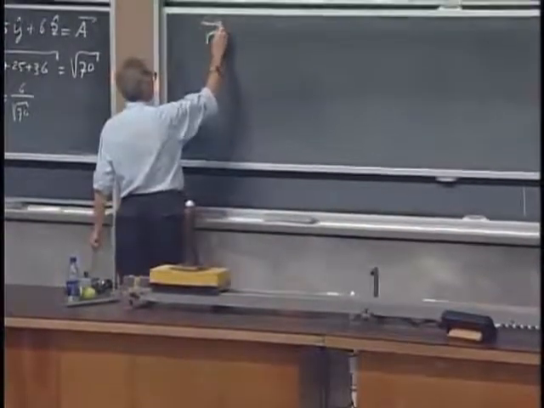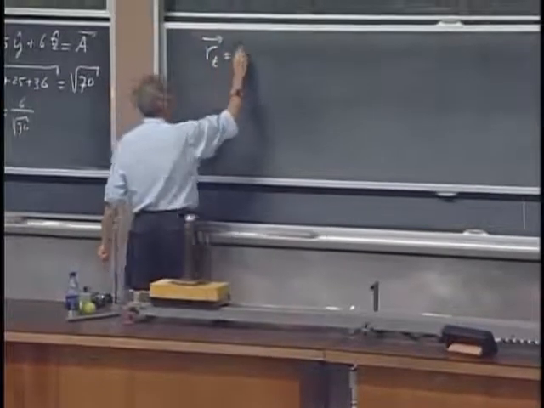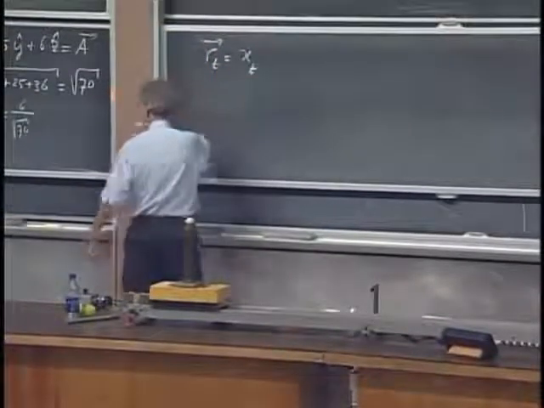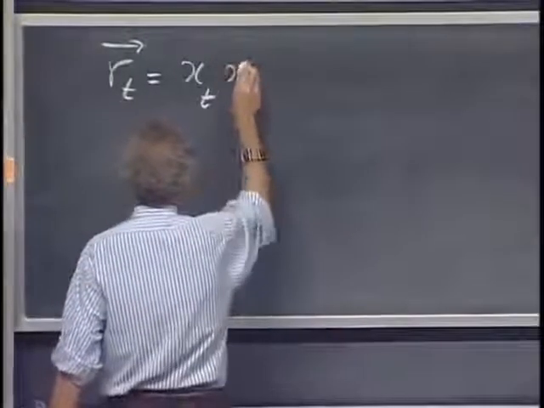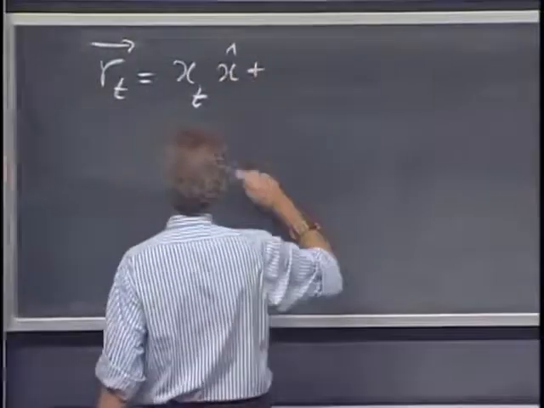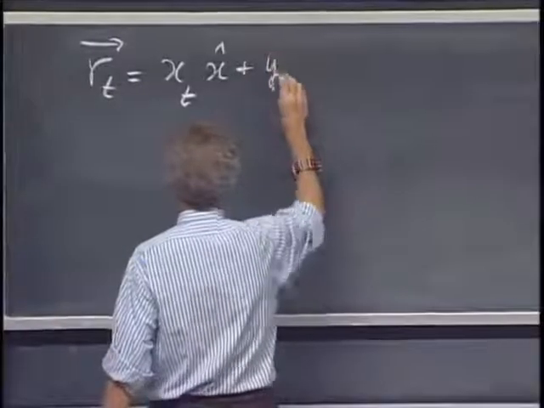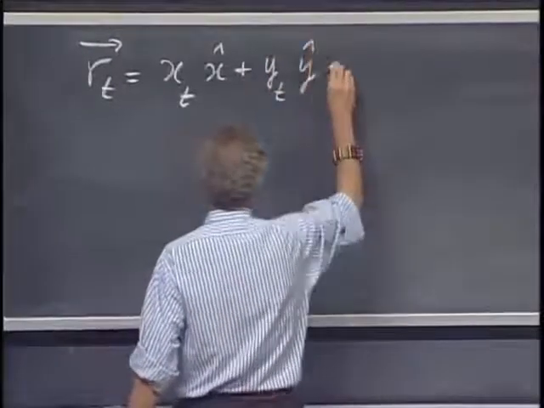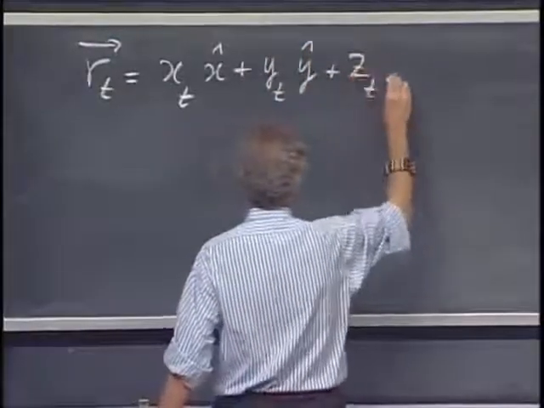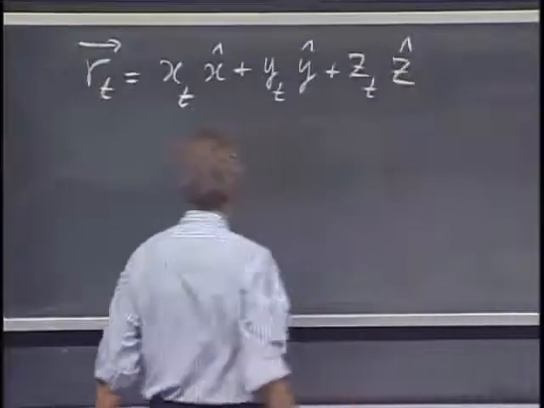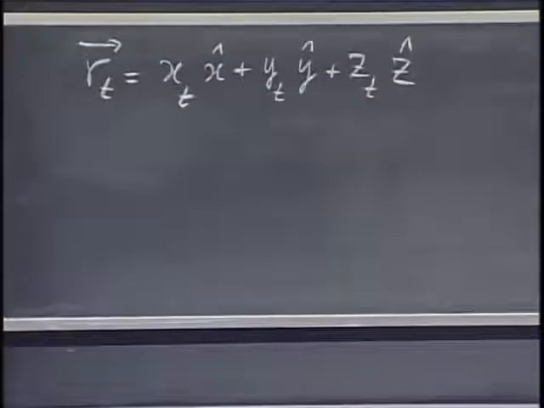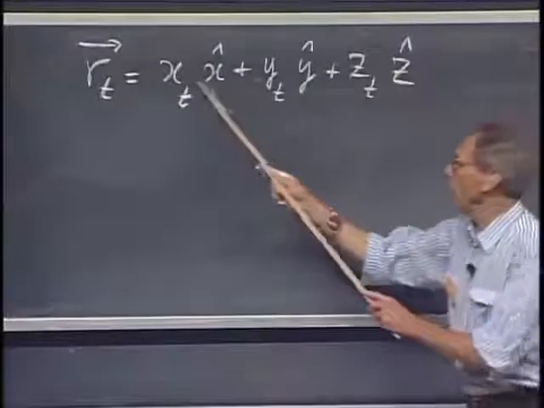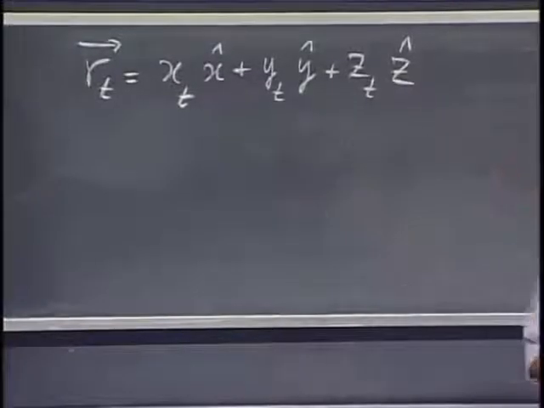R, which changes with time, is now X of T, which is the same as A of X there before, times X roof, plus Y of T, Y roof, plus Z of T, Z roof. I have decomposed my vector R into three independent vectors. Each one of those changes with time.